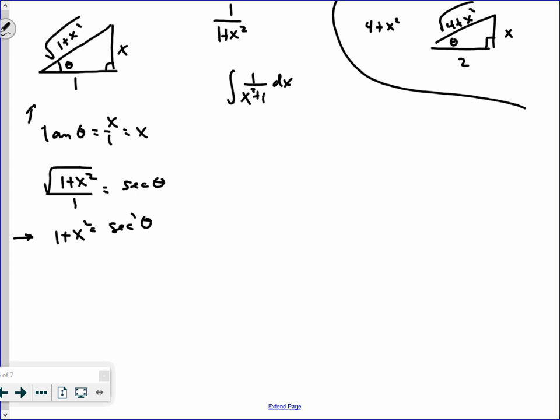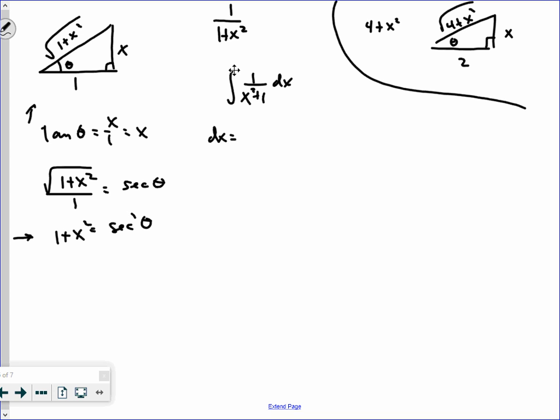If x equals tangent theta, what's dx? Well, to find dx, you take the derivative. And what's the derivative of the tangent? No, the derivative. It works out nice on this problem. The derivative of the tangent is secant squared.